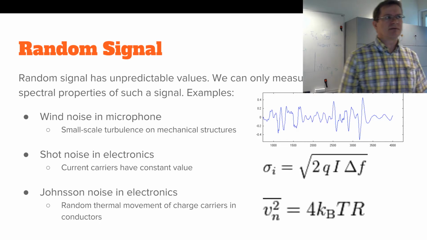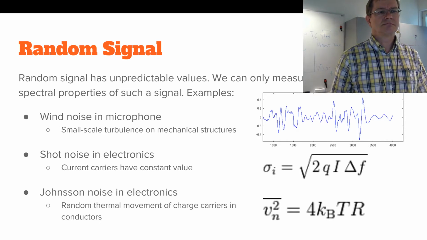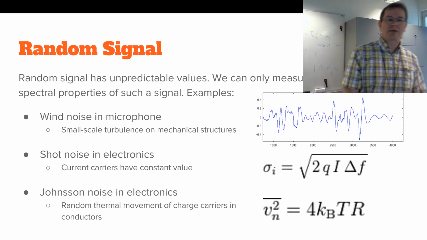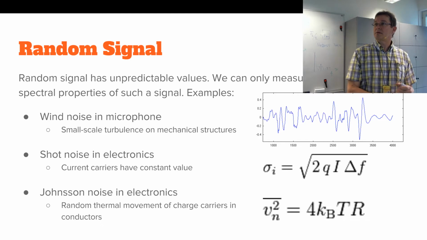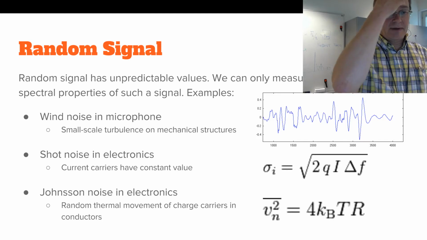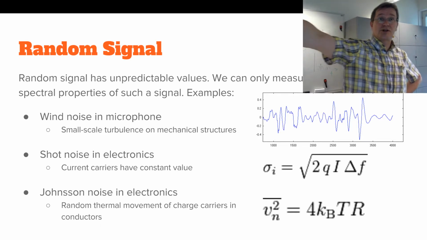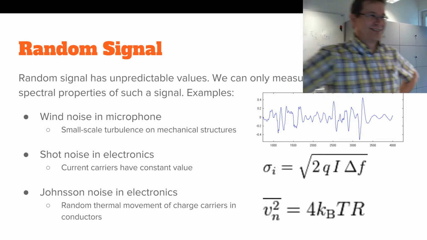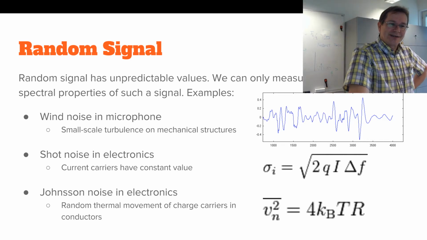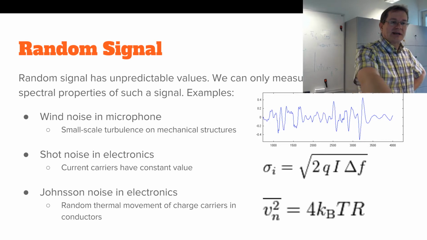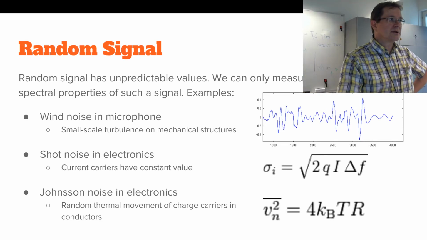Some examples: wind noise in a microphone. It's quite hard to get rid of the small turbulence on mechanical structures. And then electronics has two different noise sources.